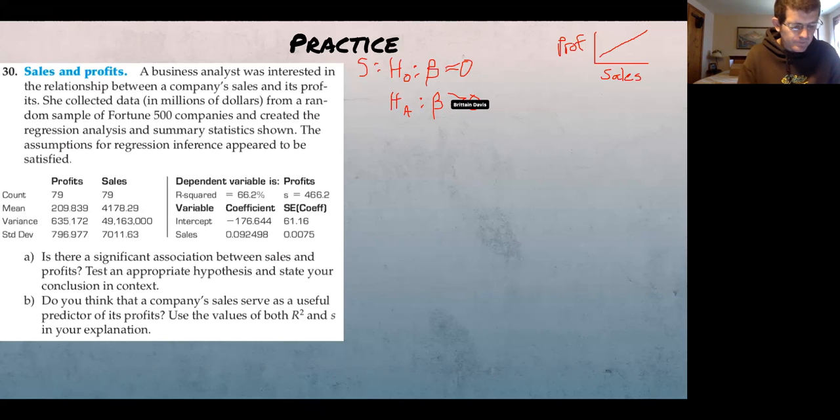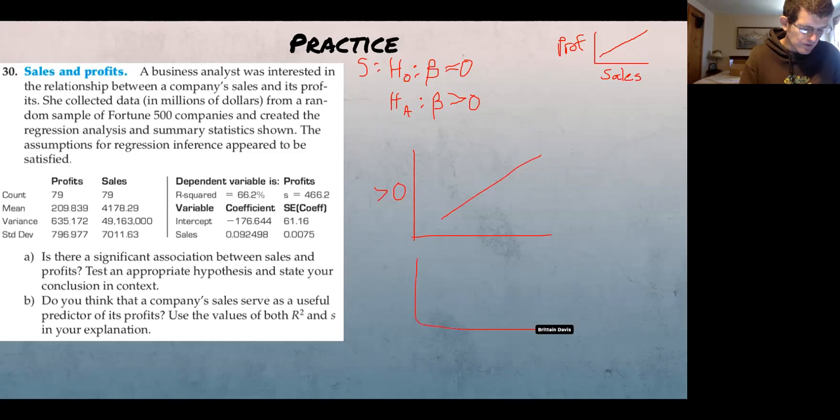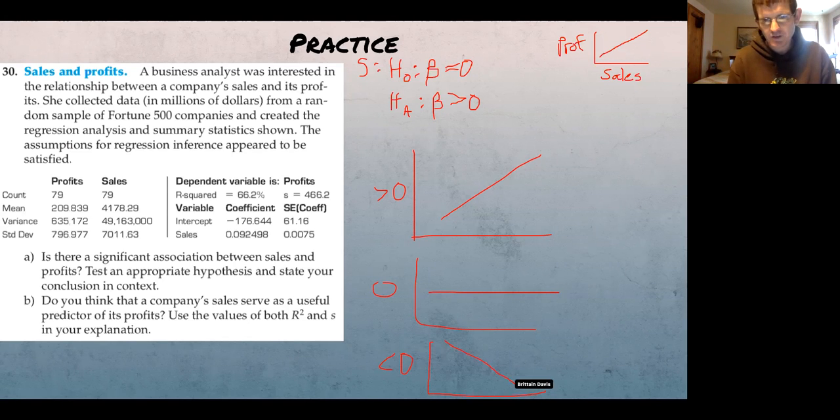And remember, when we're talking about beta is greater than 0, we're talking about the slope. Greater than 0 would be a positive slope, 0 would be a flat line, and less than 0 would be a negative slope. I know this is hopefully an unnecessary review of basic algebra, but it's something different compared to all of the other things.